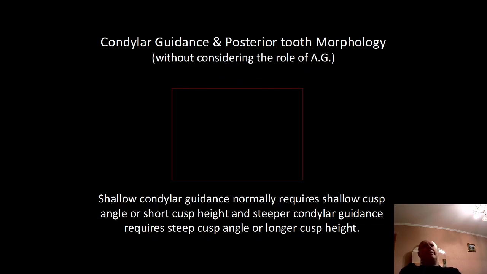Condylar guidance and posterior tooth morphology, without considering the role of anterior guidance. Shallow condylar guidance normally requires shallow cusp angle or short cusp height, and steeper condylar guidance requires a longer cusp height.